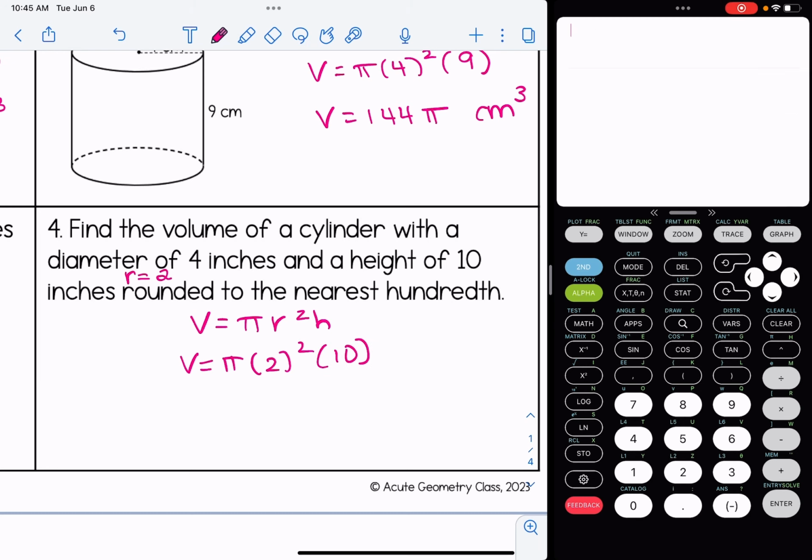This problem does not say in terms of pi. This one says round, so I will be putting pi in my calculator here. When we round to the nearest hundredth, that's 2 decimal places. So I got that volume is 125.66, and our units are inches cubed.